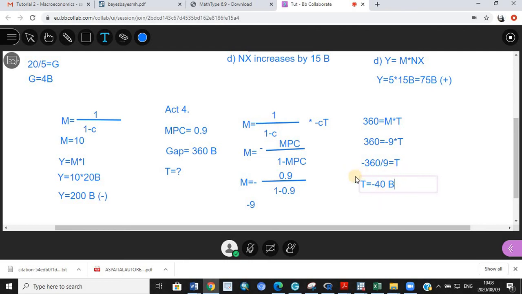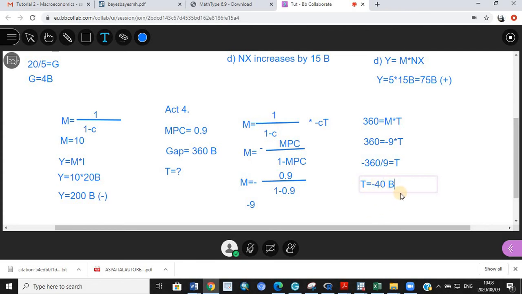Since this is a tax, it was supposed to be in percentage, but this is the amount that, let's say, the SARS, those responsible for collecting taxes, have collected, in the amount of 400 billion.